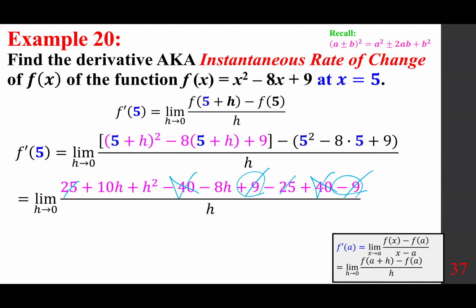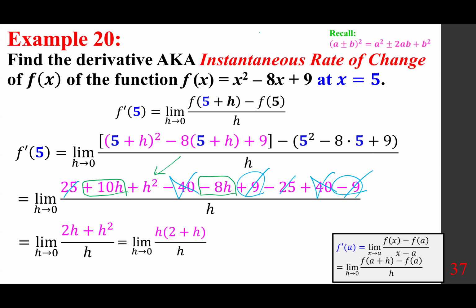So we have h squared at top. We have 10h and minus 8h and h squared. So 10h minus 8h is 2h. You factor the h out from the numerator. So you cancel out the h.